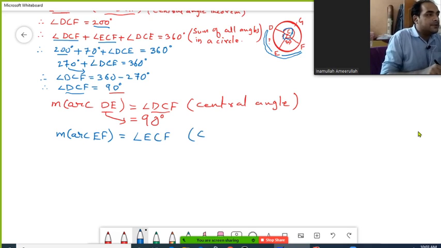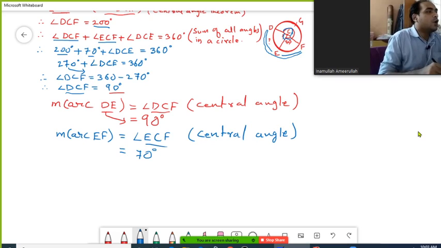Reason will be the same, central angle, and ECF is of 70 degree. So here you can take 70 degree.